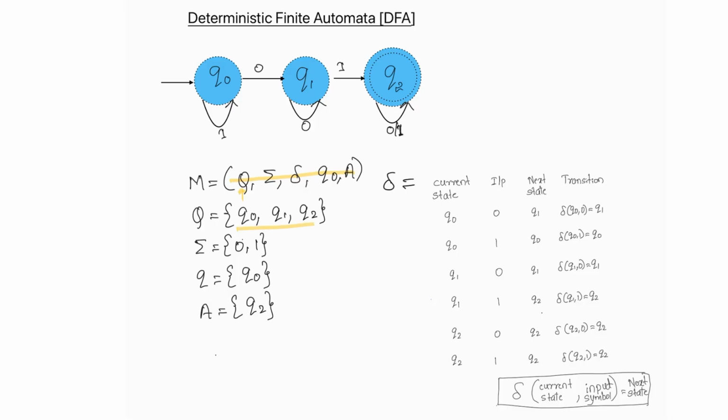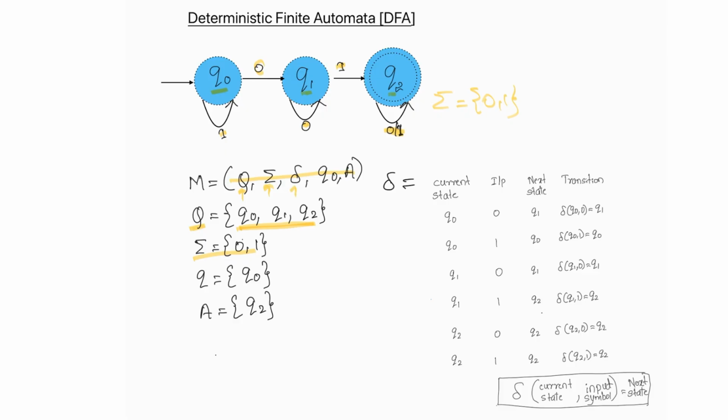Here our states are Q0, Q1 and Q2, and I have listed them in the set of states. Then the input symbols which are passing here are 0 and 1, so all are combinations of 0 and 1. This can be represented like this. So that is the second tuple.